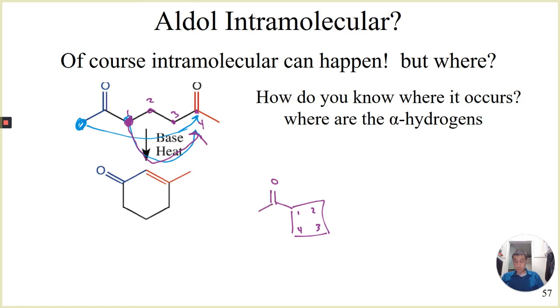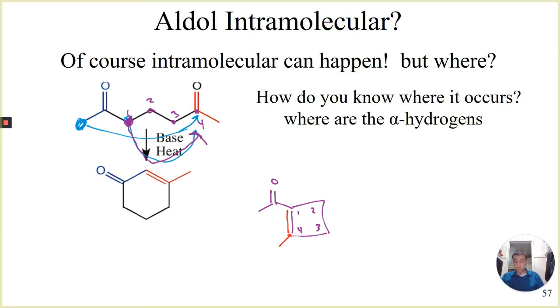At position 4, we have that methyl, and we have now the oxygen. Our alpha hydrogens are at 4. Helps if you can count. I made the same mistake twice. Do we still have acidic hydrogens at position 1? Yes, so we could eliminate, and we would end up with this as a product. If we wanted to go a little better with our geometries, there are our geometries.